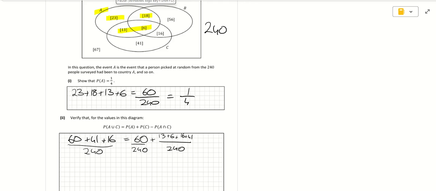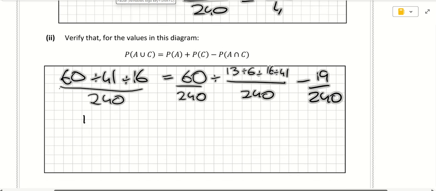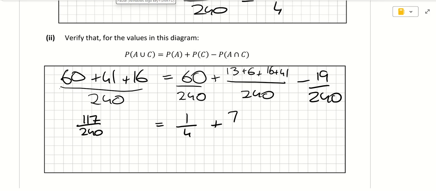And minus P(A∩C), that ∩ means intersection, so that's 13 and 6. So that's minus 19 over 240. Okay, this is a bit messy, sorry about that. But that is 117 out of 240 is equal to 1/4 plus, then this one is 76 over 240. Actually, I should leave that as 60 over 240 minus 19 out of 240.